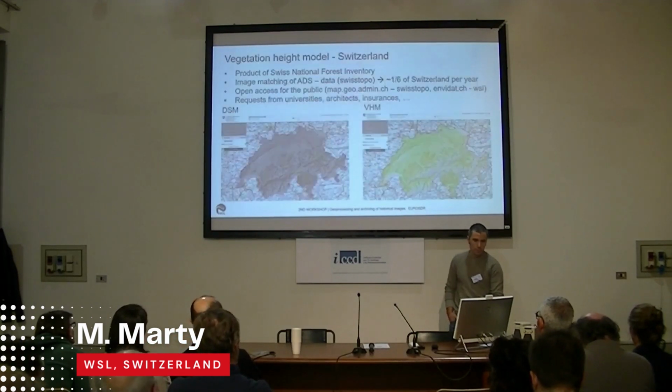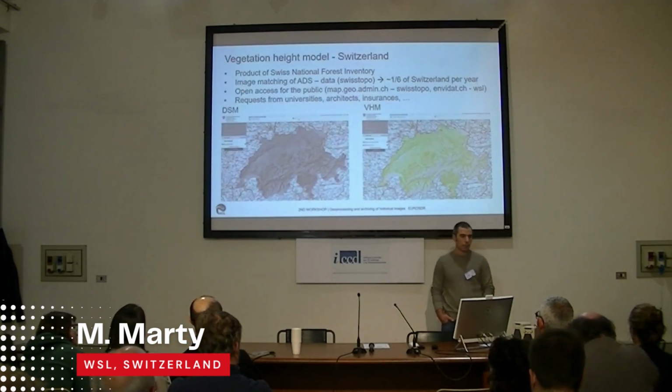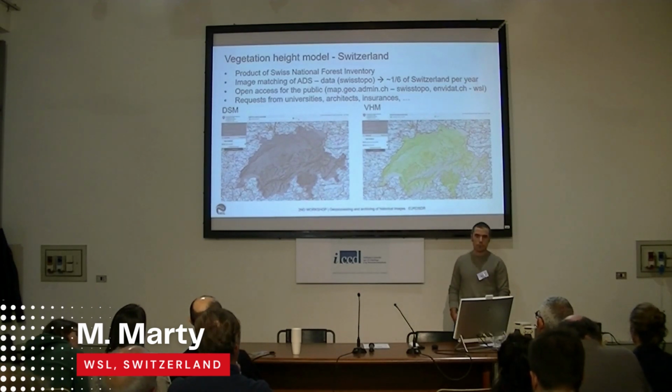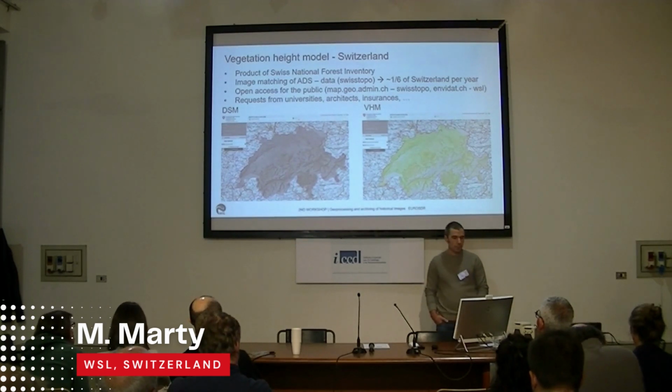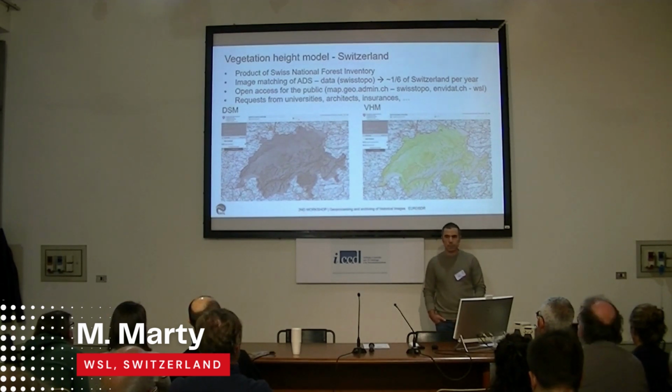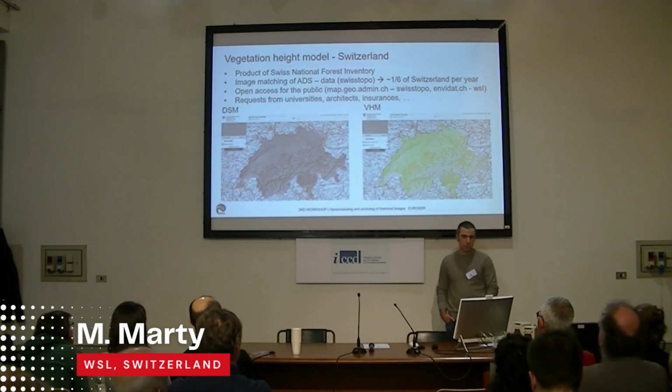So the motivation for this project, at WSL we generate digital vegetation height models since a few years. This is actually a product of the Swiss National Forest Inventory, which is also located at WSL. And we receive ADS data from the Federal Office of Topography, Swiss Topo.